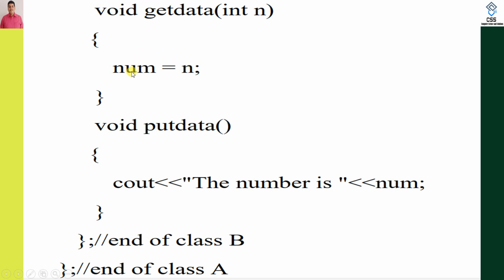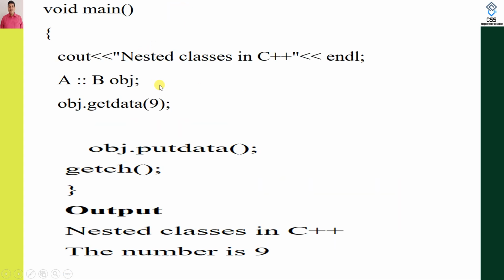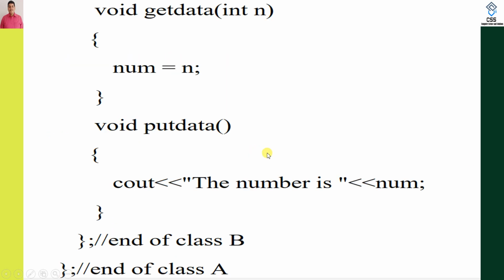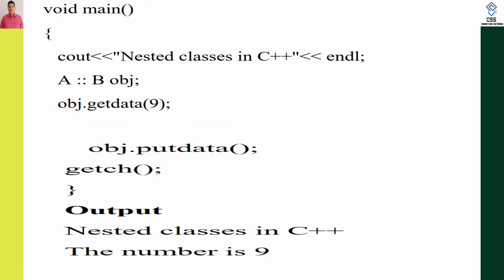The value passed is stored in num, and object dot put data will display the data stored in num. That is known as a nested class, because without the help of the outer class, we cannot create the object of the inner class, and this is the concept of a nested class.